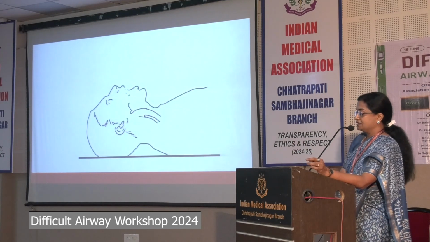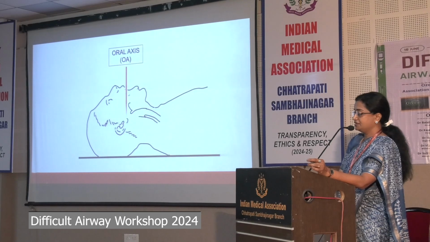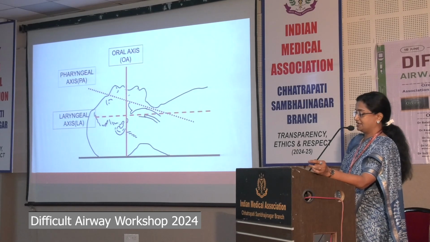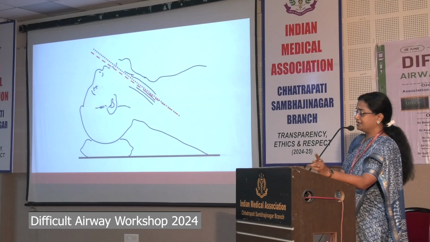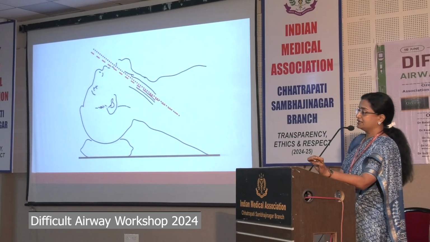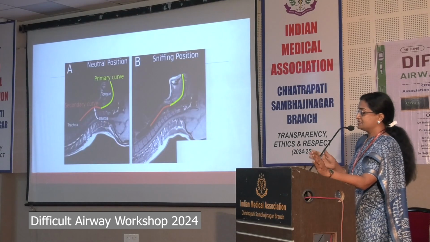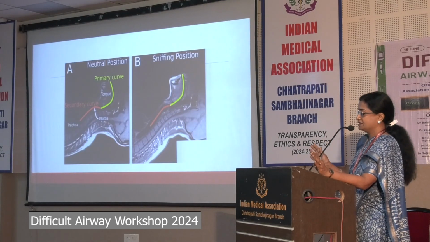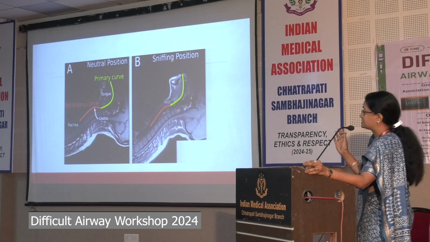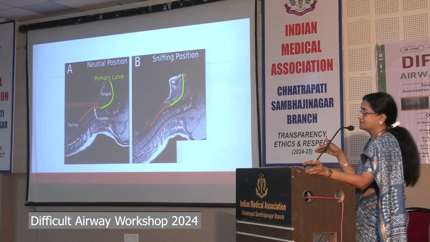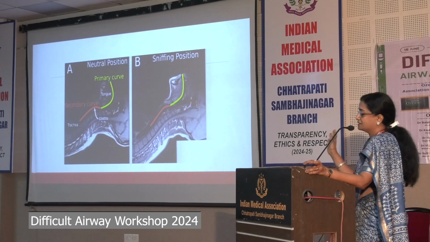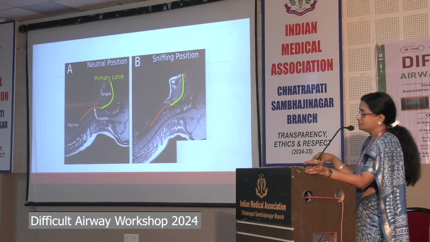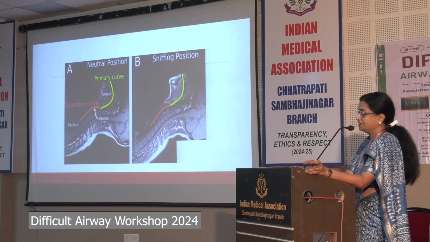To get that, you need to have the oral axis, the pharyngeal axis and the laryngeal axis in a straight line, so as to get the practitioner's eye in alignment with the vocal cords. You can see how much the position changes. In the neutral position, the primary and secondary curves are pronounced, while in the sniffing position, the primary curve is flattened and these two curves are in line for intubation.